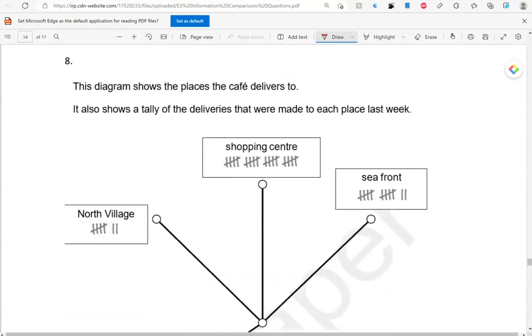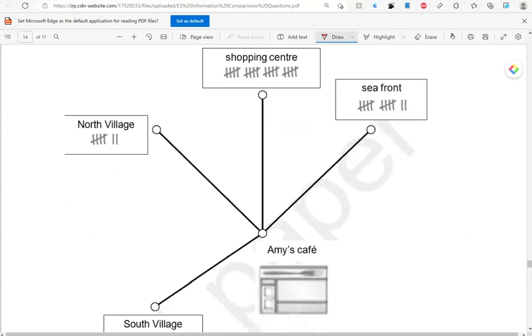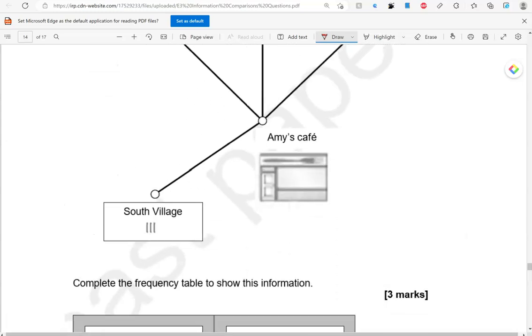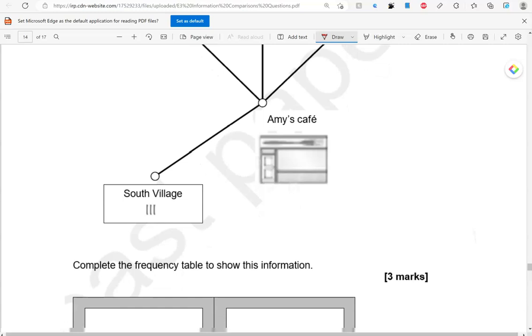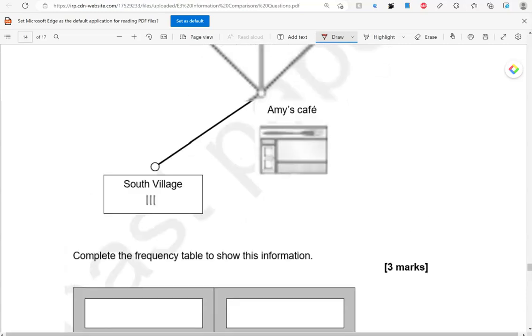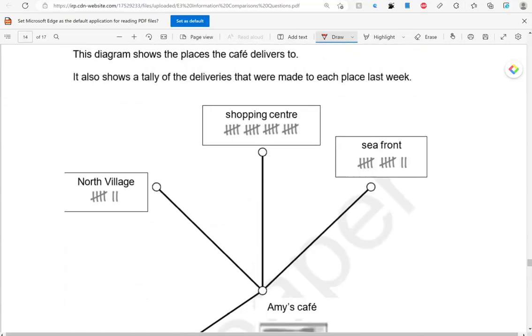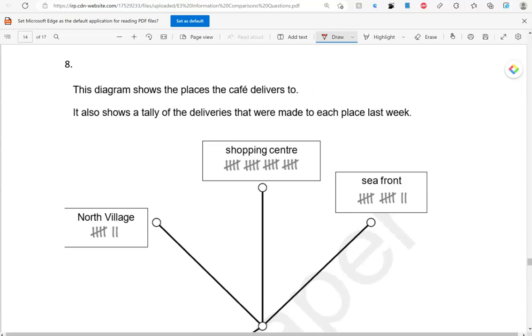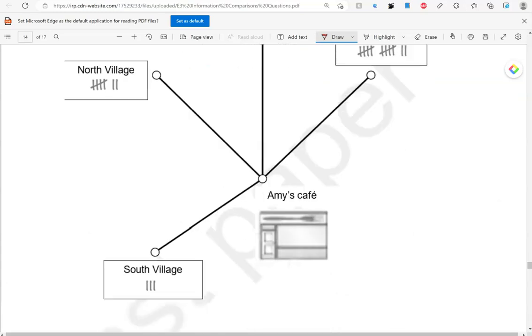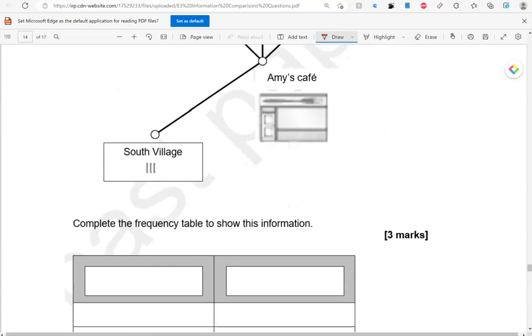This diagram shows the places the cafe delivers to. It also shows a tally of the deliveries that were made to each place last week. Complete the frequency table to show this information. So we're looking at places and deliveries. So I'm going to say places.